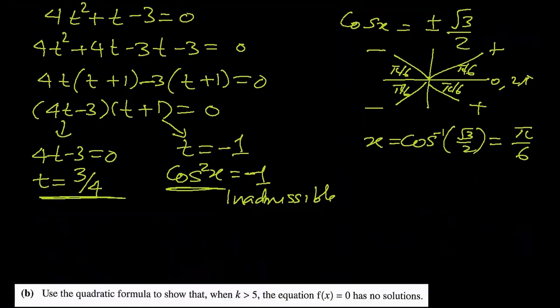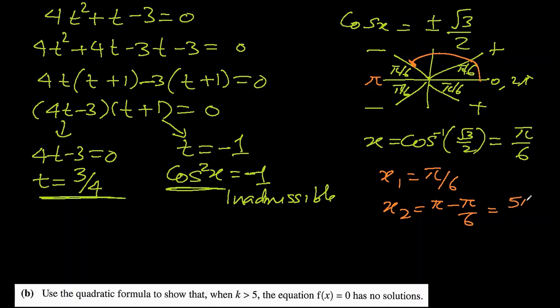Let me write them one by one. First answer, from 0 we start always. This is the first answer, which is pi by 6. So the first answer is pi by 6 itself. Second one, we'll move further and go to the second line here, which is pi by 6 less than pi. So it will be pi minus pi by 6, which is 5 pi by 6.